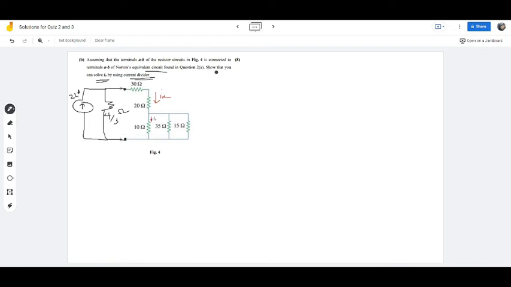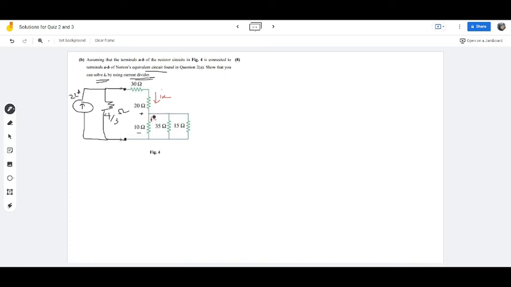Okay, and then now you have to use current divider. If you have this kind of question, you cannot say that if I get the voltage here, then I will get the voltage divided by 10 ohm for me to get I naught.